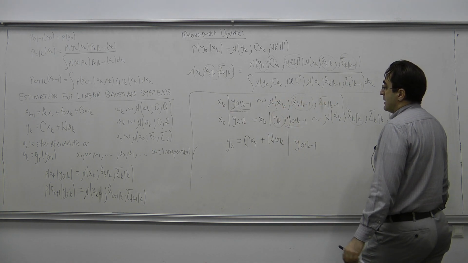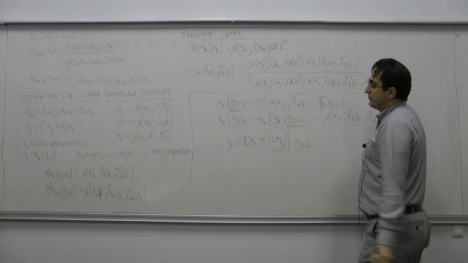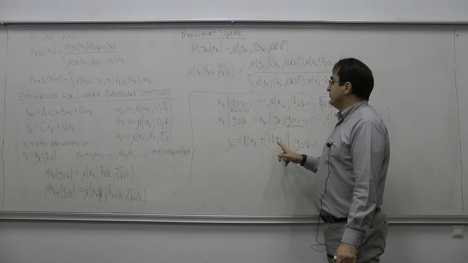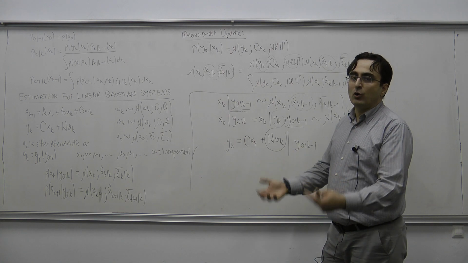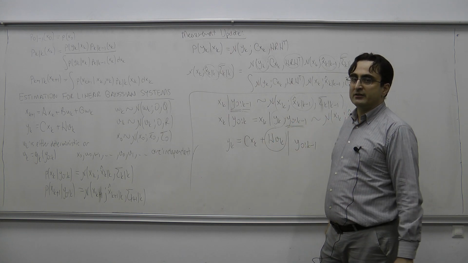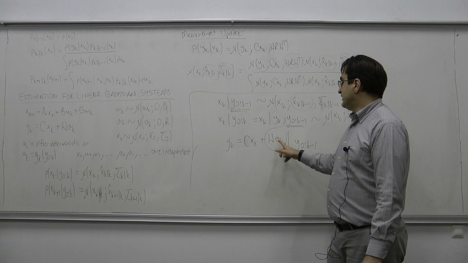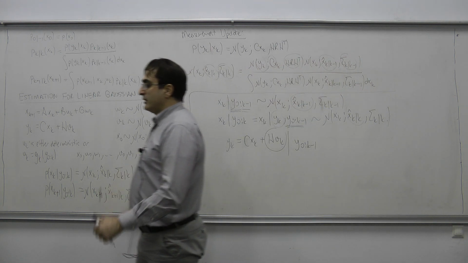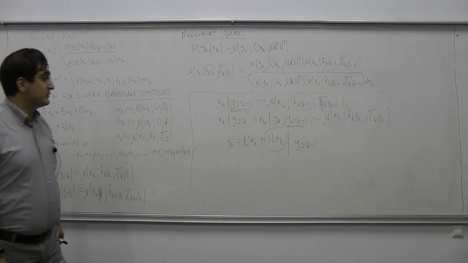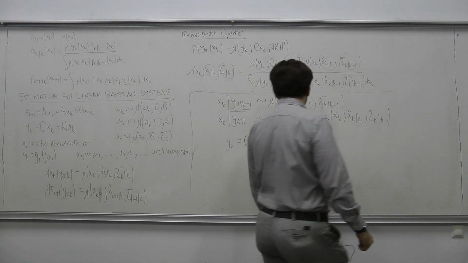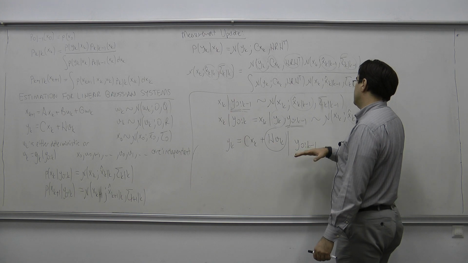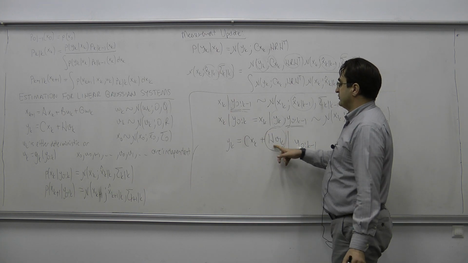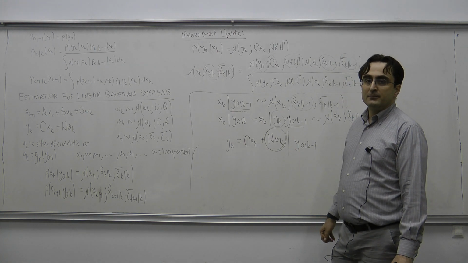And I know the distribution of Hvk, and furthermore, I know that vk is independent of all of the previous measurements and the states. So here, this given condition has no effect on the distribution of Hvk.